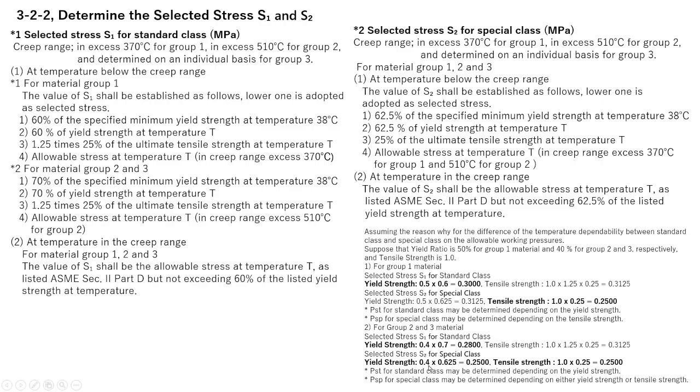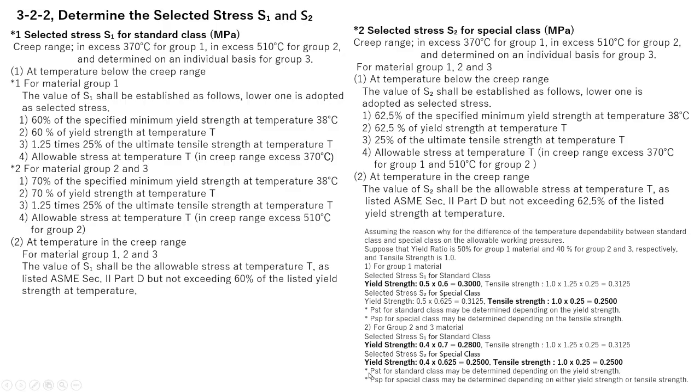So 0.4 multiply 0.625 equals 0.2500. How about tensile strength? 1.0 multiply 25% of ultimate tensile. So calculate number 0.25. The same value indicated.